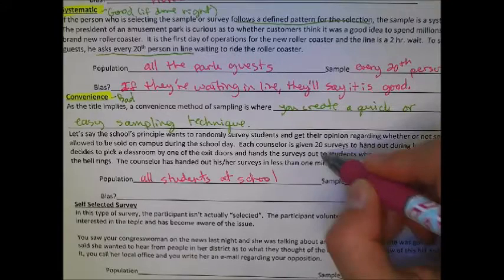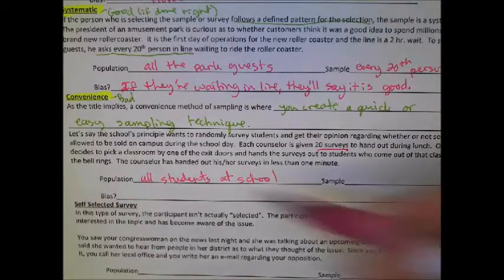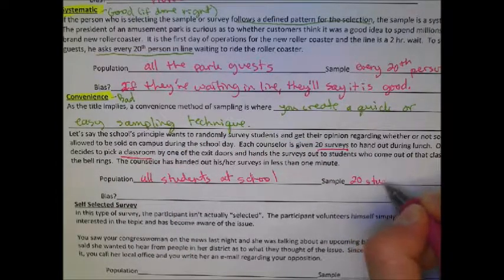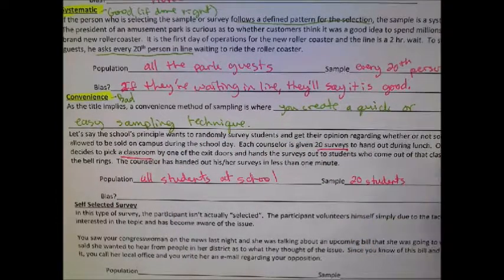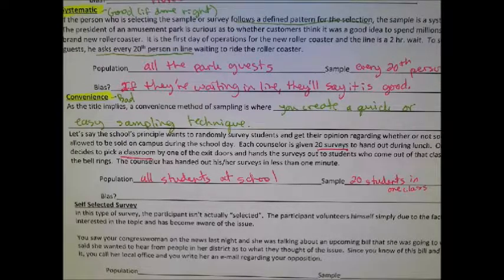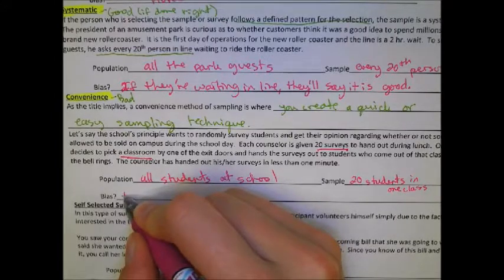Well, we know there's 20 surveys, and they give it to one classroom. What is some bias? Well, the type of class could have some bias.